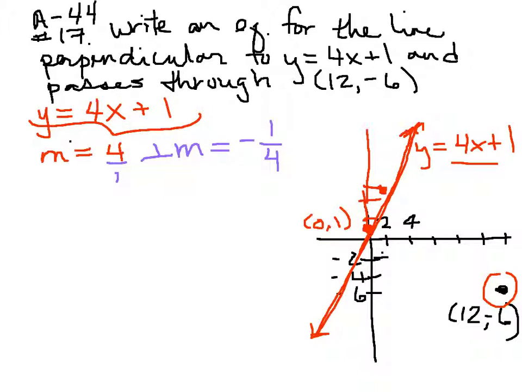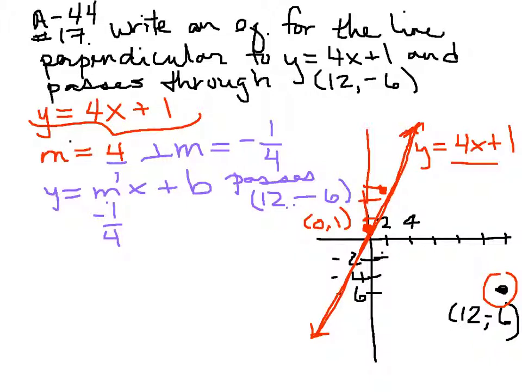So I'm going to solve this by putting it into slope-intercept form. So I have y is equal to mx plus b. Well, I already know what m is in this equation. My m is -1/4. And I know it passes through the point 12, -6.